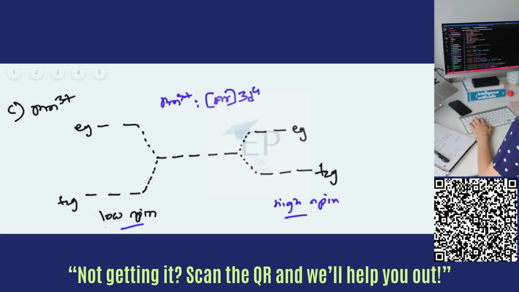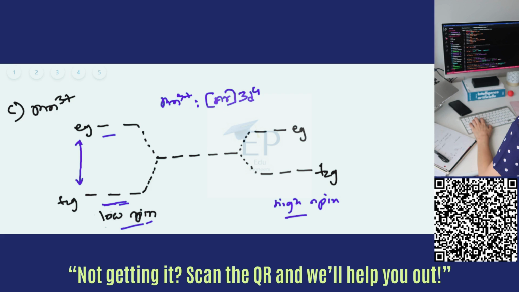As you know, for low spin orbital splitting, the energy difference between these two is so high that the electrons will first occupy the low energy state orbitals, and when these are completely occupied, then they will go to the higher state.